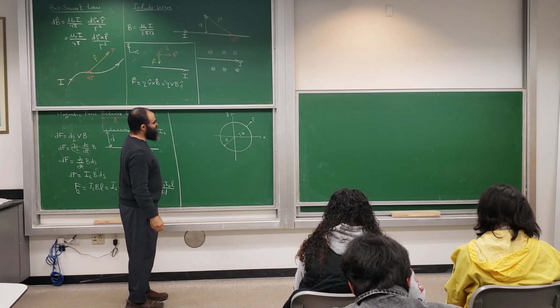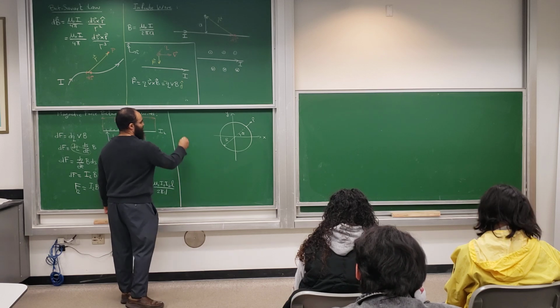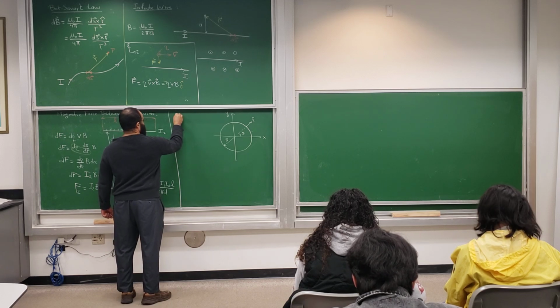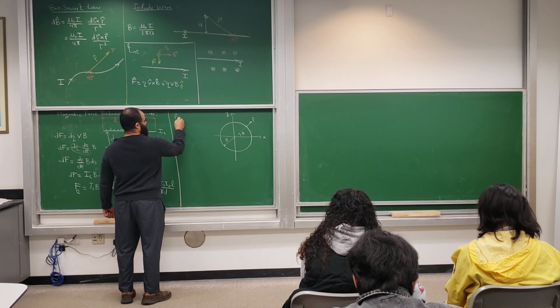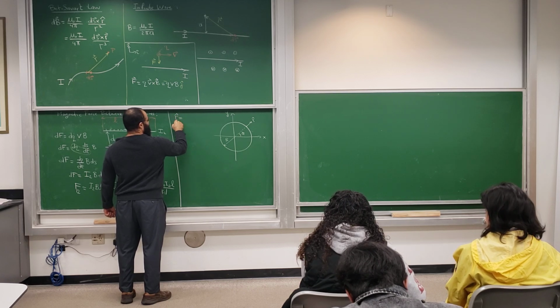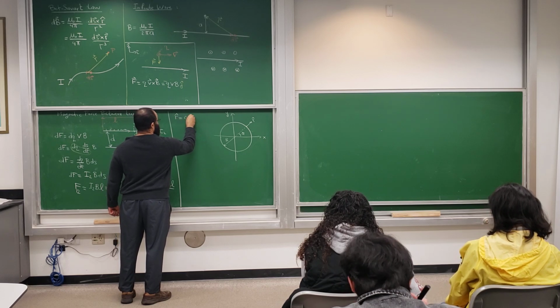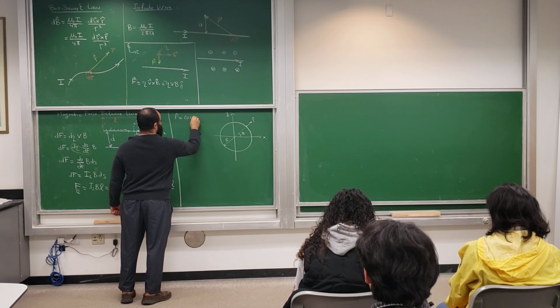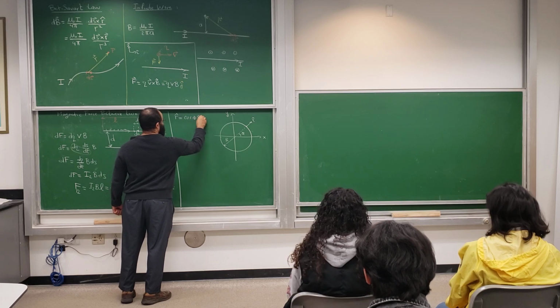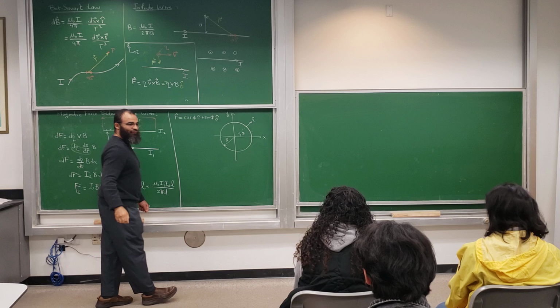How does r hat relate to i hat and j hat? That's the vector r, but little r hat is going to be cosine of phi i hat plus sine of phi j hat. We have done this one.